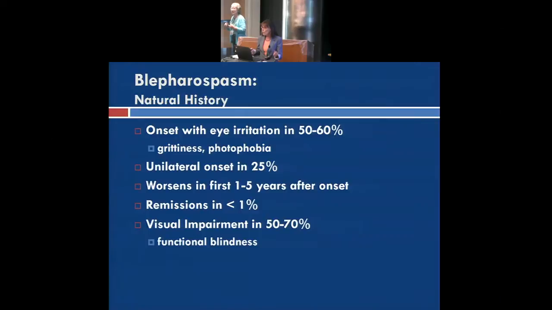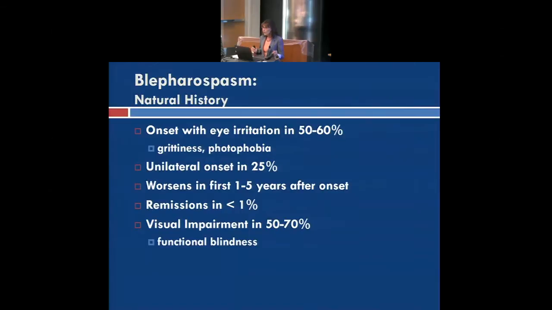In 25% of people, the onset can be just in one eye at the beginning, but typically it spreads to involve both eyes. We think that over the course of the first 1 to 5 years is when one would see the worsening. But having seen many patients, I don't think that's always the truth.